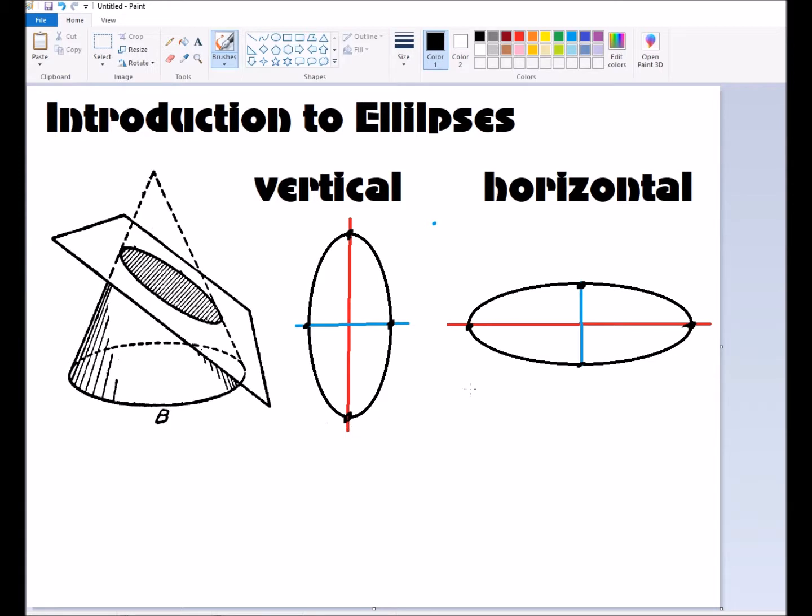The black dots are your vertices, because we have more than one, so it's not a vertex, it's vertices. And the blue lines are your minor axes, which makes the red lines your major axis.